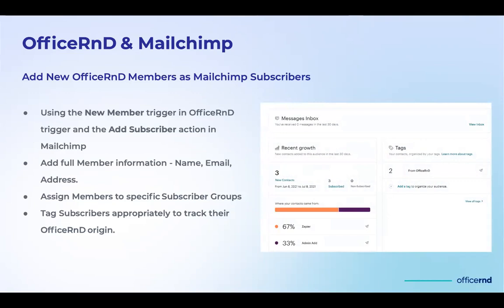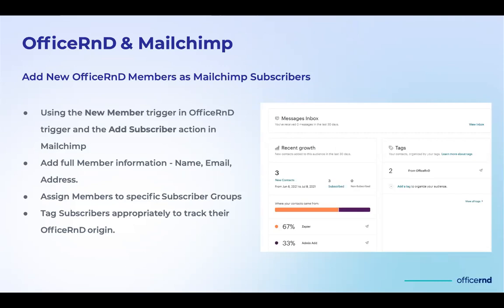And with this simple integration, we'll also be able to tag these subscribers as well as assign them into specific subscriber groups. So we can have different subscriber groups that apply to different members that we're creating in the system. And again, we can tag these subscribers to track that they actually originate from OfficeRnD. So on the right-hand side here, we have just a general overview of the MailChimp dashboard for subscribers.